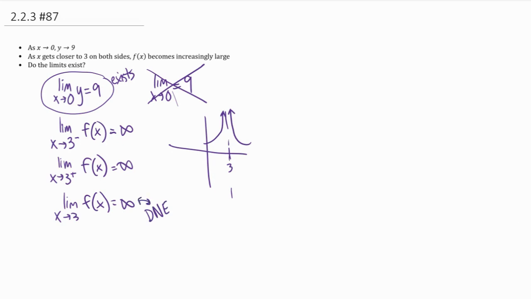Infinity and does not exist are not interchangeable, because does not exist does not always apply as an infinity. But if you wrote does not exist instead of infinity, that would be okay. Well, you wouldn't write equals does not exist either. You would write limit as x approaches 3 of f of x does not exist. That's what you would write. You wouldn't say equals does not exist.